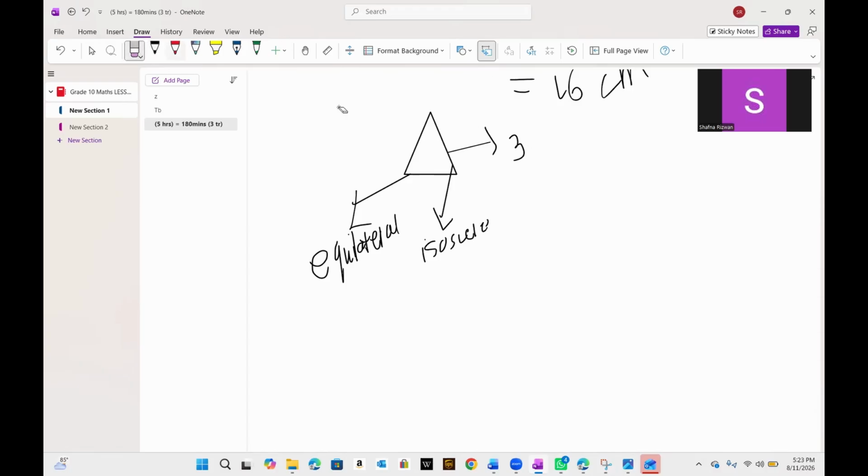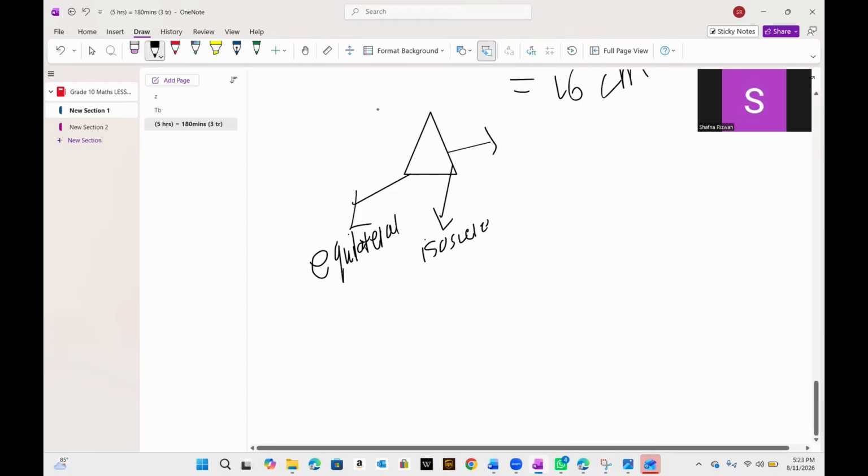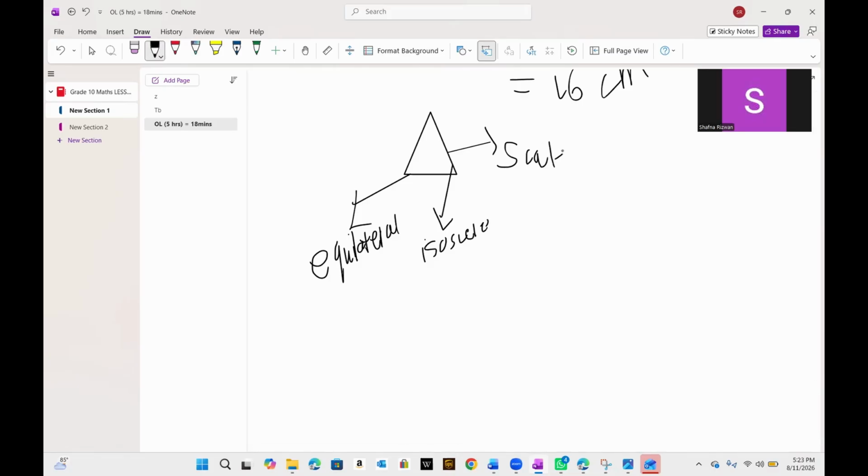The other one will be your scalene triangle. You have an equilateral triangle, an isosceles triangle, and then a scalene triangle.